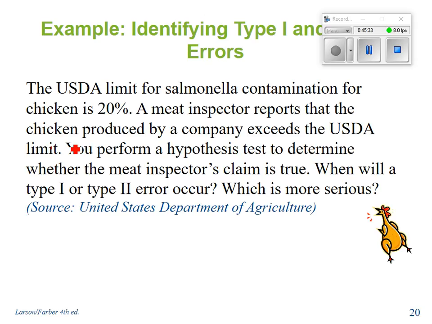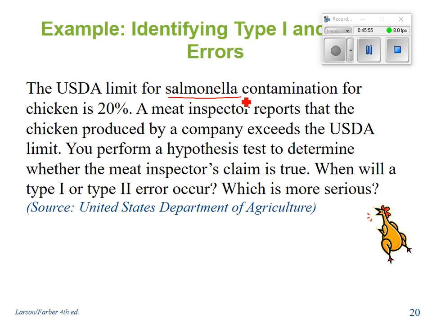First thing we need to do. They're saying, and this is a true statement here, this doesn't seem like a good thing, but as a chicken producer, you're allowed up to 20% of your chicken to have salmonella in it. Right? That doesn't seem like a good thing because it's going to make you sick.